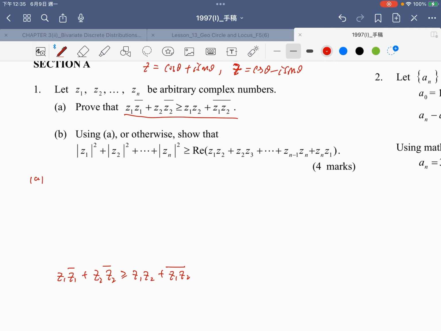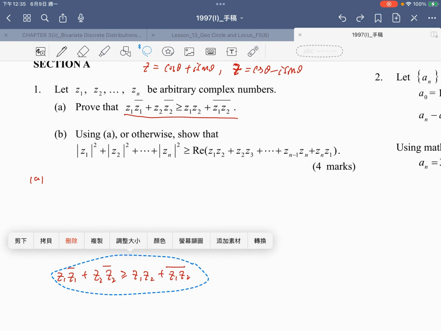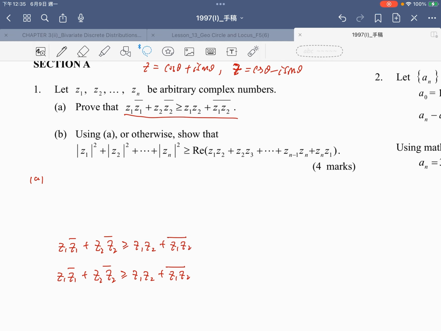Okay, no problem. And move all the stuff to the right hand side, which is actually equivalent to greater than 0.